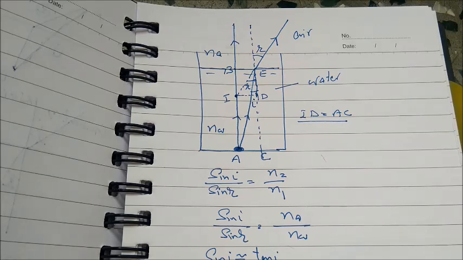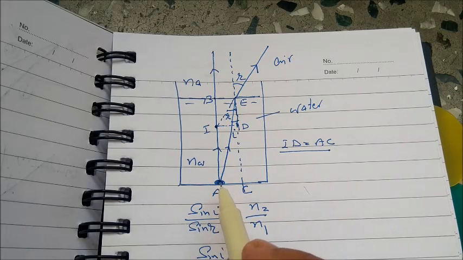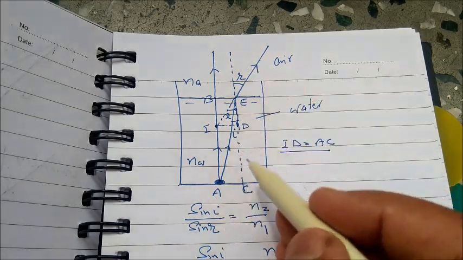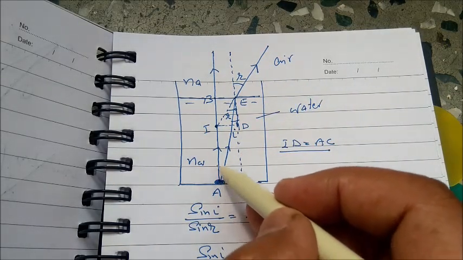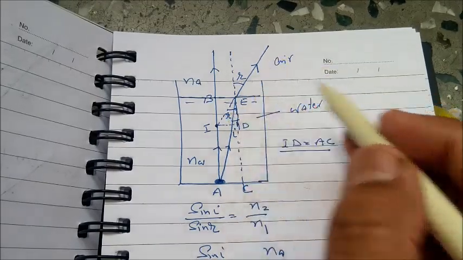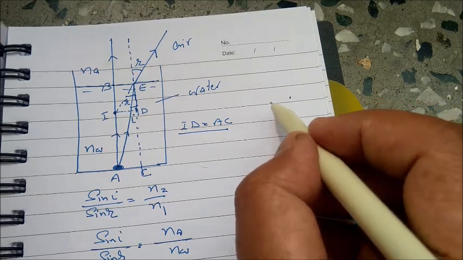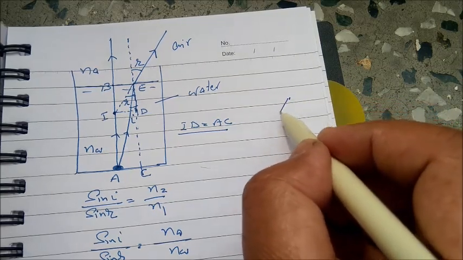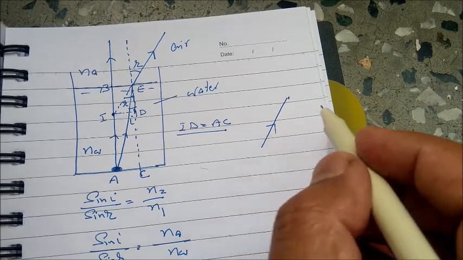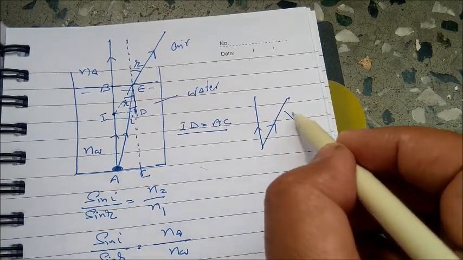Now see again quickly. An object at A, if you are looking from this side, the light ray, this one is coming straight, but this one is not coming straight. It bends actually. So if we are looking from here, the light rays are not coming like this.